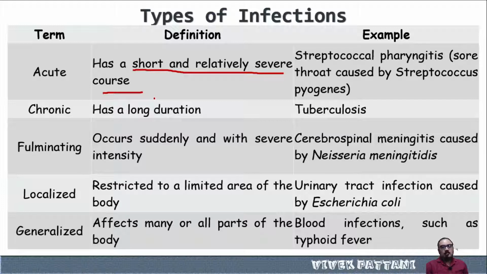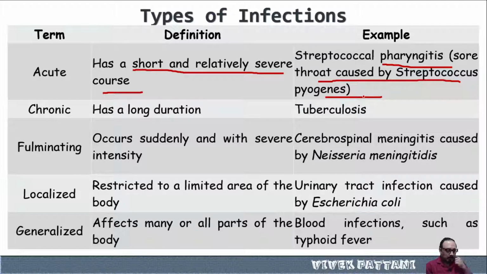One example is streptococcal pharyngitis, in which a sore throat is caused by Streptococcus pyogenes. So it is of very short duration and has severe effects on the host.